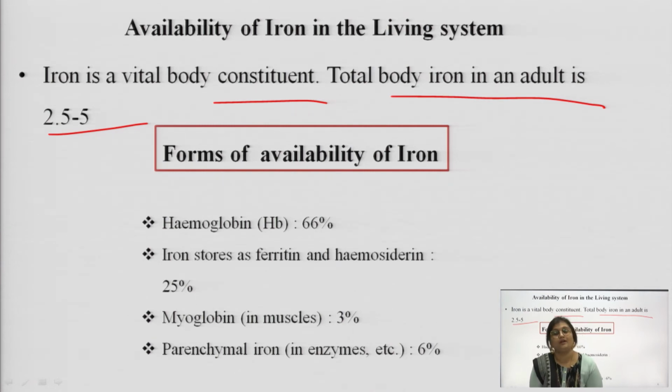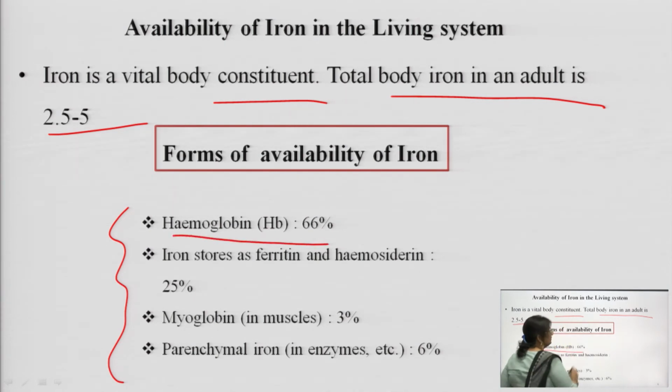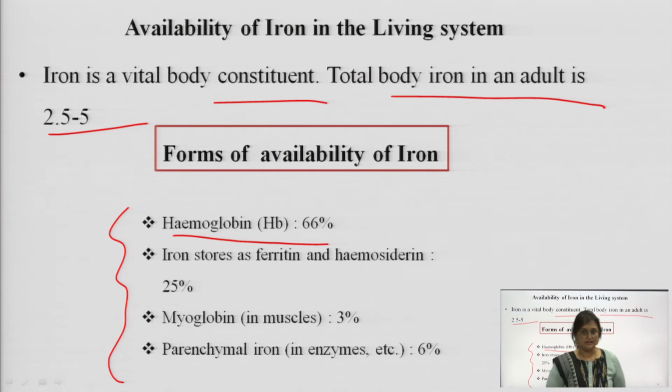Now, what are the forms in which iron is available? Do you really believe that whatever iron we take in, it is available for our body? No. The available form of iron is in these forms only. Iron is available for functionalities in our body in the form of hemoglobin. 66% of iron is present in our body in the form of hemoglobin.